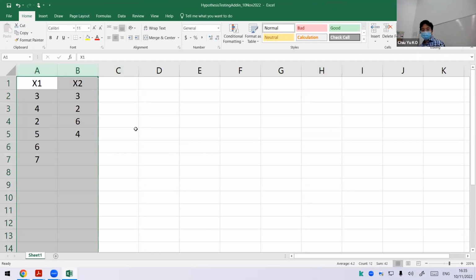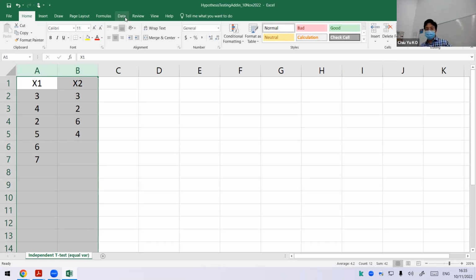So what we want to do is to use the add-in to do the 2 sample tests. We do an independent T.TEST, and we have the equal variance case first. That will be our first job. To do it, we have to use the add-in.